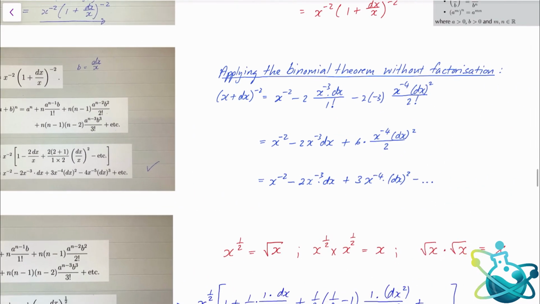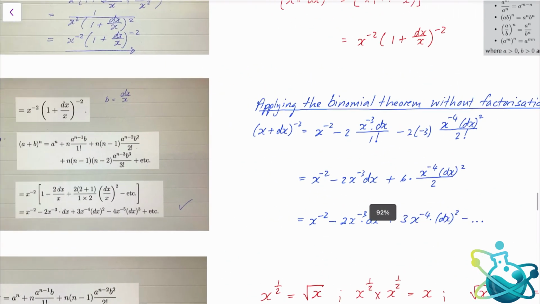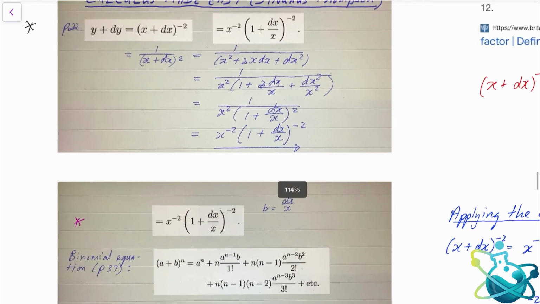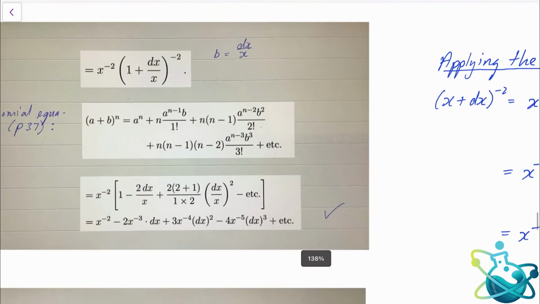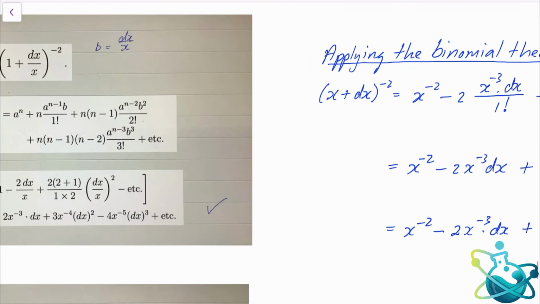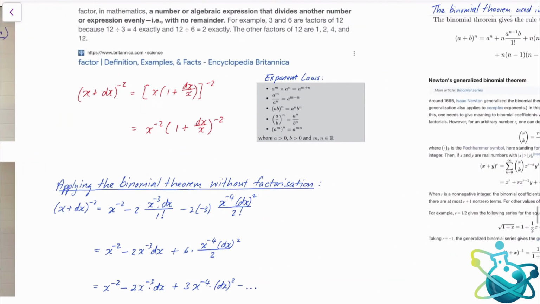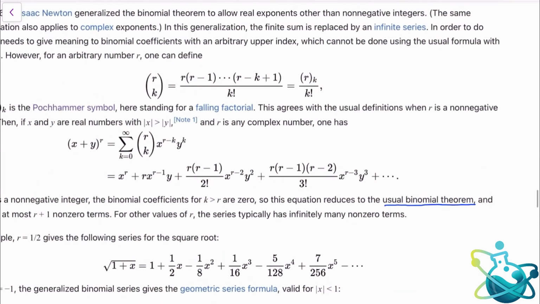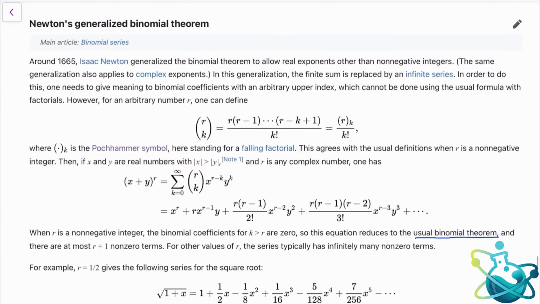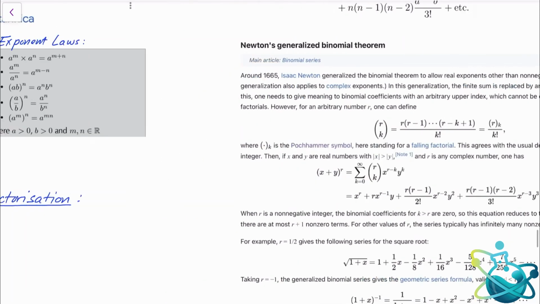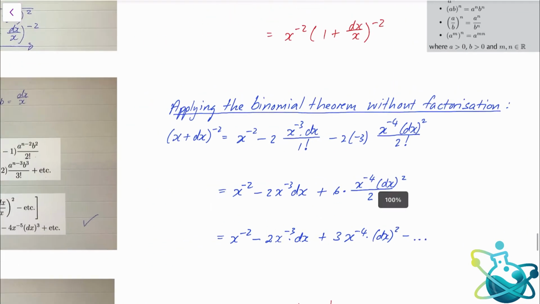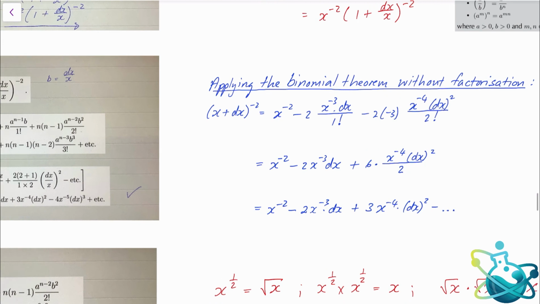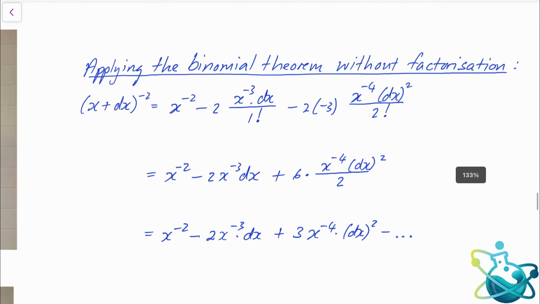If you apply the general binomial theorem that was used in the book, devised by Isaac Newton, this one here that we discussed, if you apply it directly without doing the factorization, you end up with the same answer. You can pause the video here and go through this yourself.